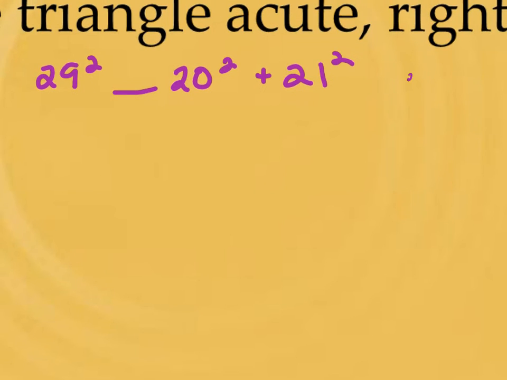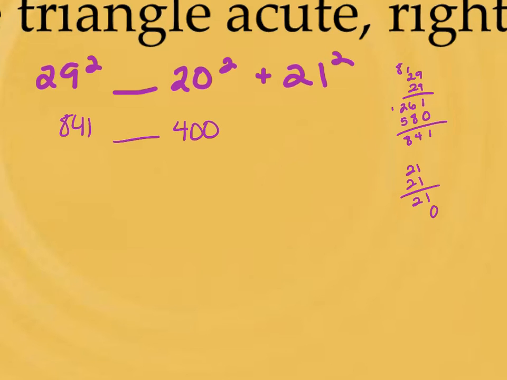So 29 times 29, we go back to multiplying everything out. 841 has what relationship to, this would be 400, and 21 times 21, 441? Good, which means what? Right. Good.